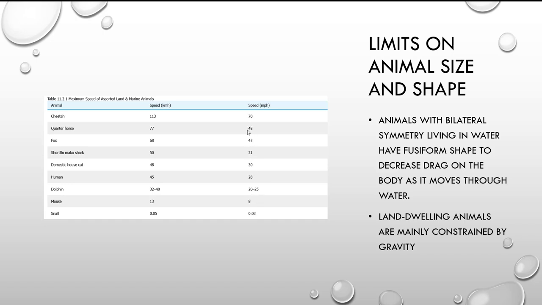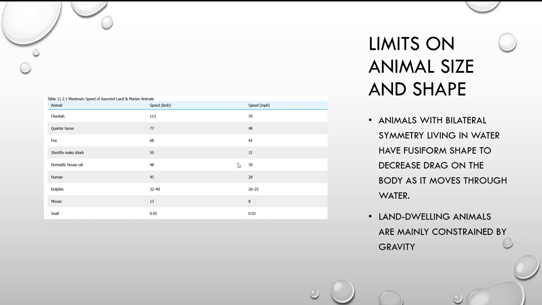So you can see the differences between some of our land-dwelling creatures. The horses, they're a lot bigger than a cheetah, but they can still reach almost 50 miles per hour. But something like a human, we're bigger than a cheetah, but smaller than a horse, and we max out at about 28 miles per hour.